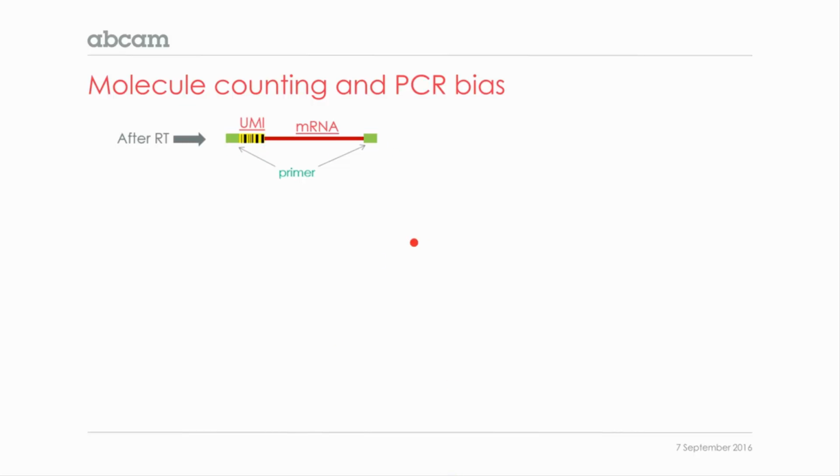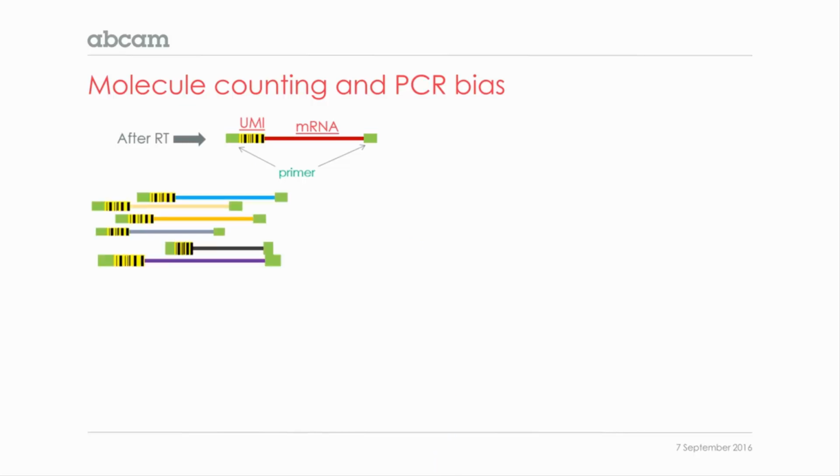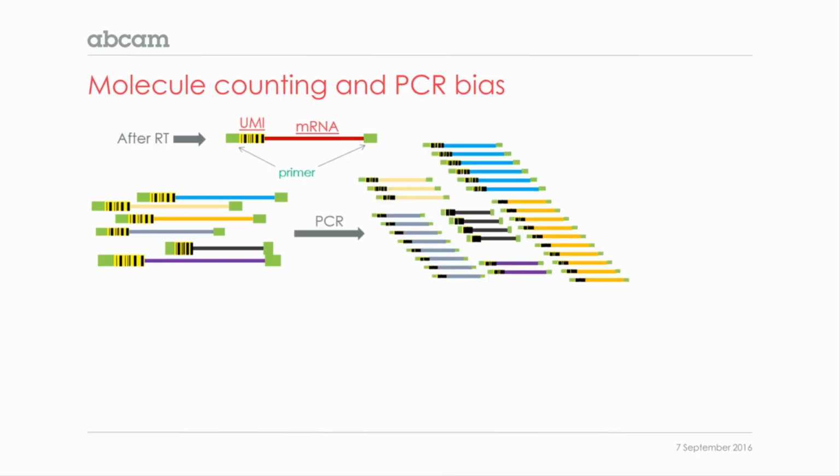But now, since we use PCR, you can imagine that if we have a large set of molecules that are illustrated by this small number of molecules, after PCR, the amplification is not perfectly uniform, and thus each molecule may be amplified with different efficiency.